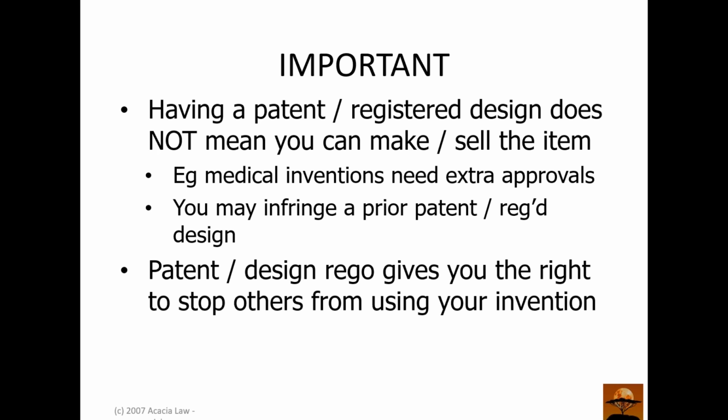And if you're selling something and you've got a patent, you might infringe a prior registered patent or a prior registered design. Now, there are ways around that, and you can sometimes negotiate a license deal, so you can still use what you've created, but you pay a license fee.